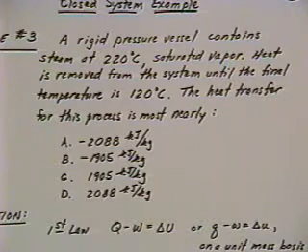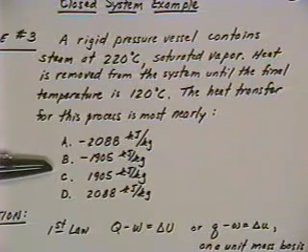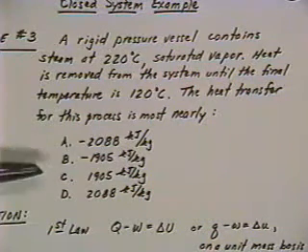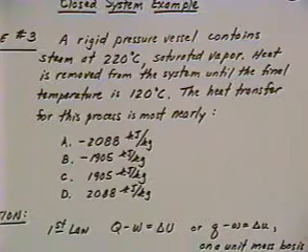Almost every problem like this is worded "is most nearly," and there are 4 multiple choice answers, and you've got to select the one that is most nearly correct. You notice here, and this is also common, you've got an A and a B: A is negative 2088, B is negative 1905, C is plus 1905, and D is 2088.